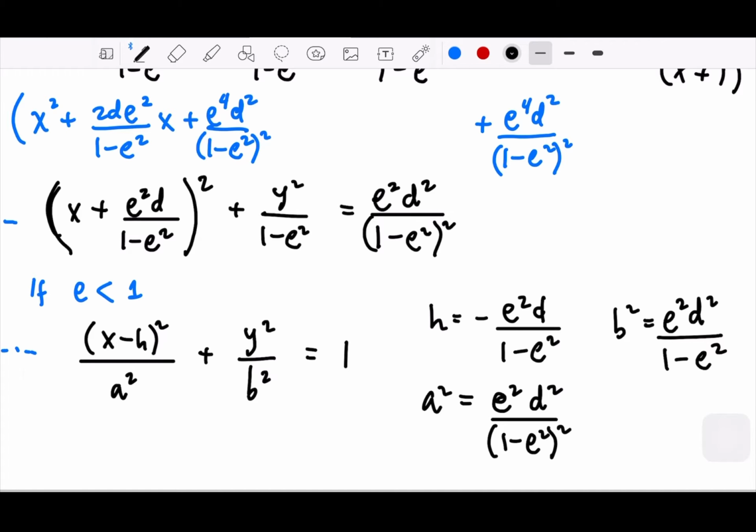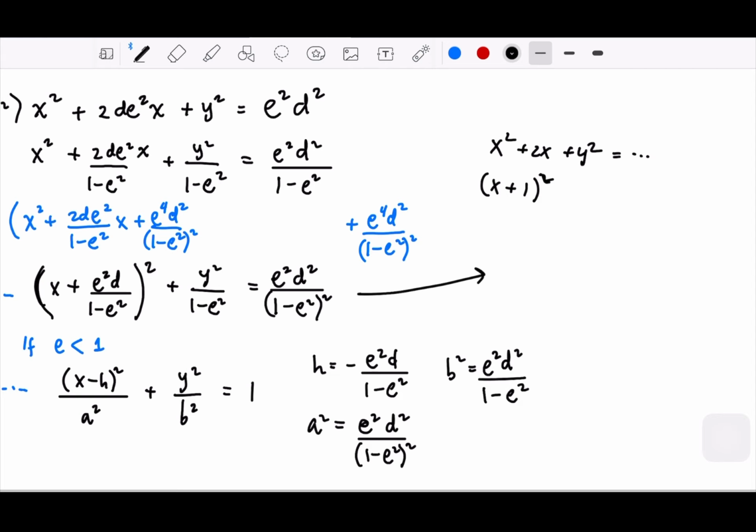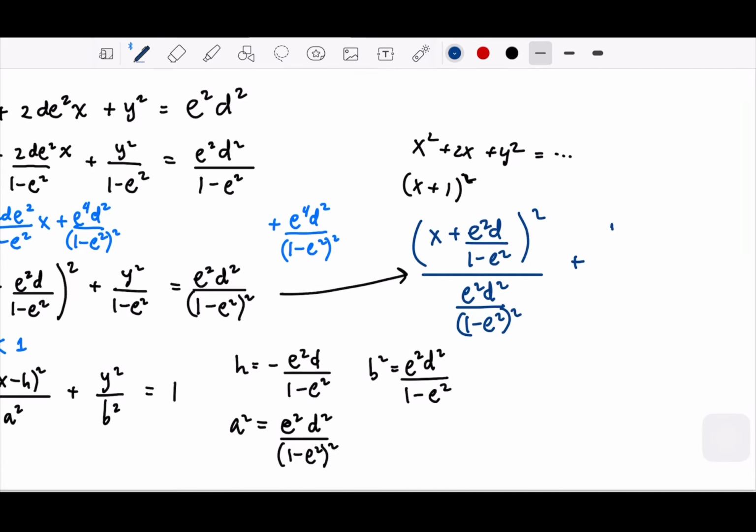Or if you would like, I can rewrite this and maybe right here. If it's still confusing, let me write here and let me divide all with the E squared D squared, and then plus, also divide the same thing.